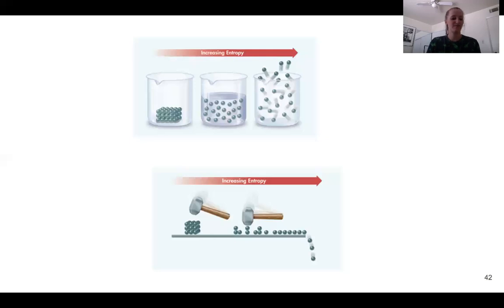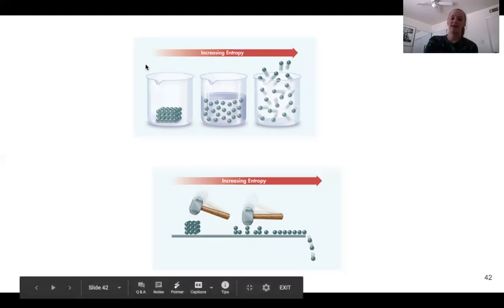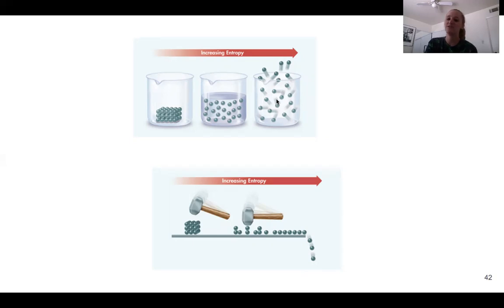So here we got a couple of images. Number 54 says explain how each of the images below relate to entropy. So we have solid, liquid, and gas. Even though, if you remember from chapter 17, it takes a lot of energy for a liquid to boil into a gas, it is still more favored than being kept in a liquid or solid form, because it wants to have that increased entropy, that randomness.